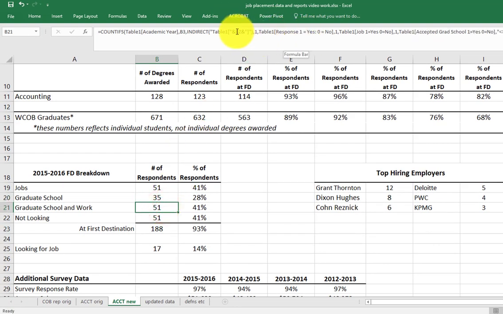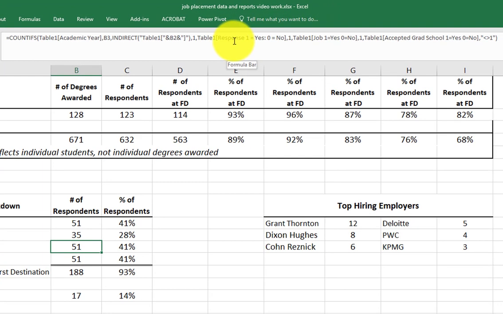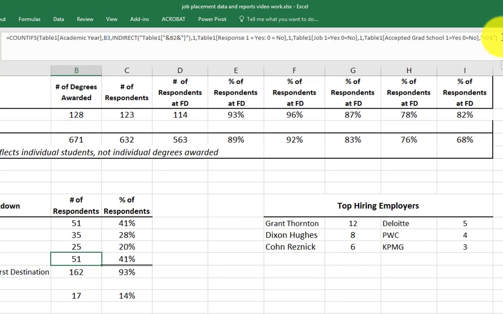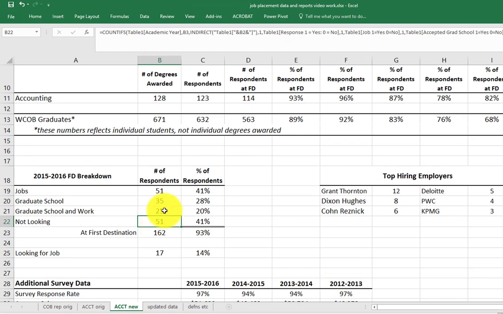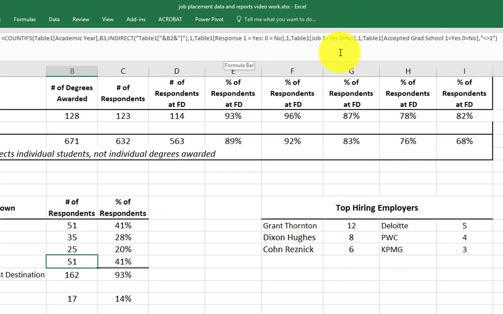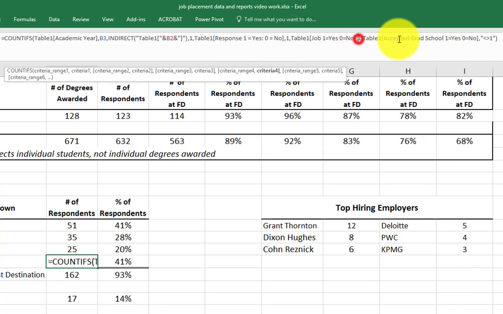Right, and next, I think I'll do the work up here, a little easier to see. So jobs equal to 1, so under grad school we'll change that to equal to 1. Not looking, and be on the safe side, make sure there's not an error in the data that would throw us off. So response, okay, table 1, so job, I'm going to change that to not equal to 1.